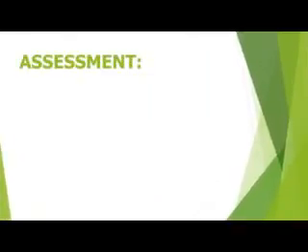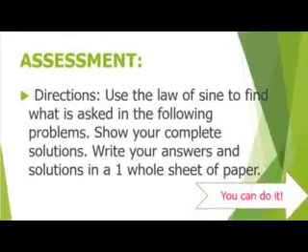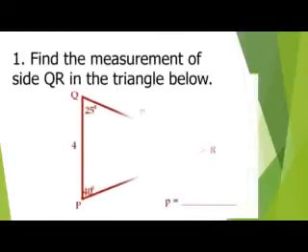Assessment. Directions: Use the law of sine to find what is asked in the following problems. Show your complete solutions. Write your answers and solutions on a one-whole sheet of paper. Number 1. Find the measurement of side QR in the triangle below.